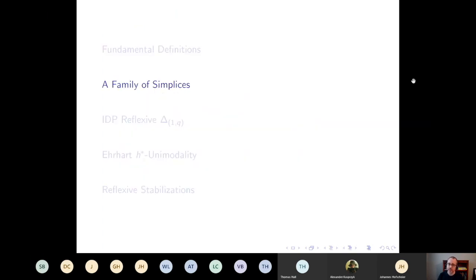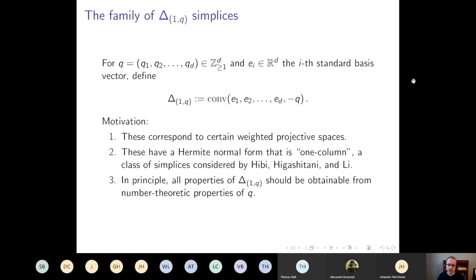Okay. Let me tell you what these simplices are. Again, these might be familiar. So what we do is we take a vector of non-negative integers. I'm typically going to assume that this vector is an integer partition. So you can think of these q's as either weakly decreasing or weakly increasing, however you prefer the convention. But I take a vector of non-negative integers. I set e_i to be the ith standard basis vector in R^d, and I take the convex hull of the standard basis vectors with the negative q vector.